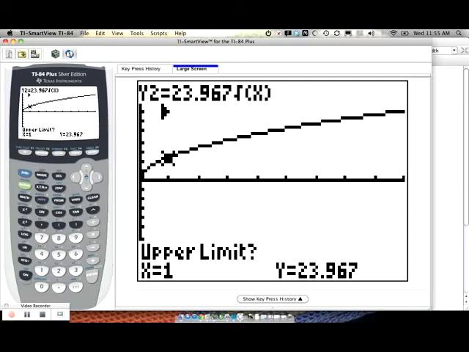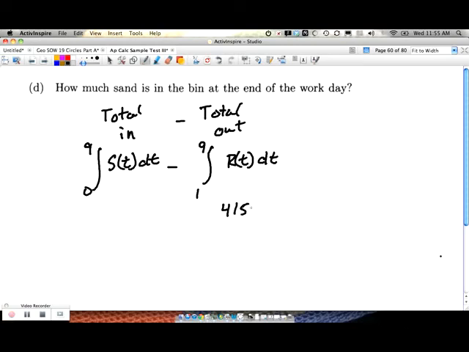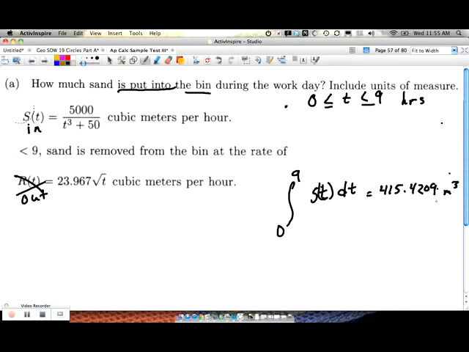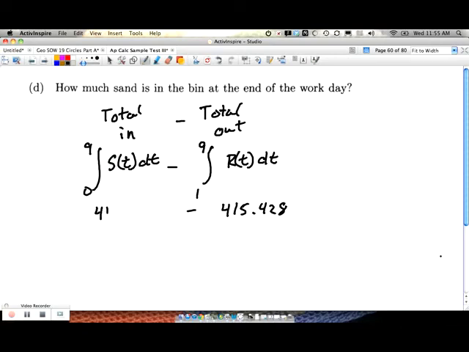And that becomes 415.428. And this original one, the answer in part A, I believe, was 415.4209.